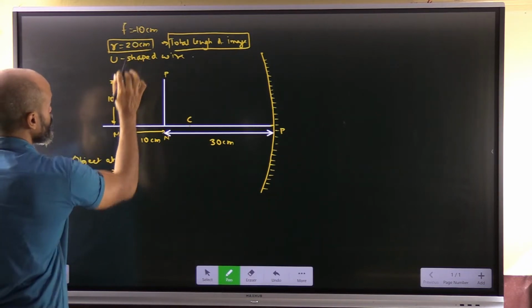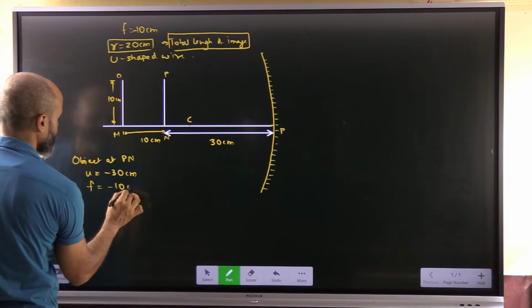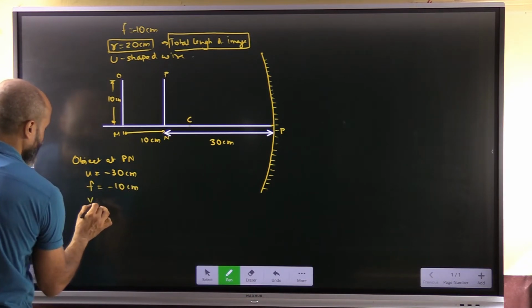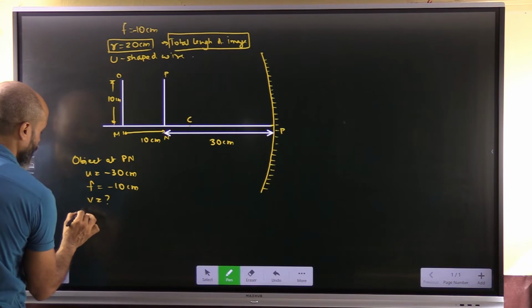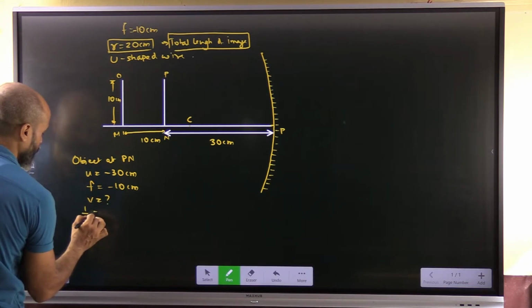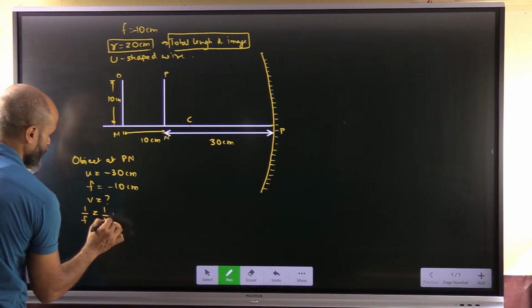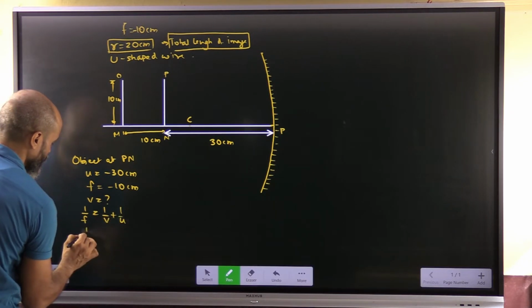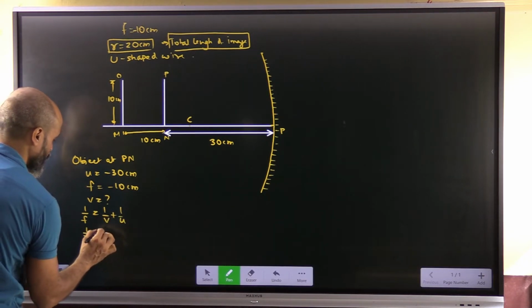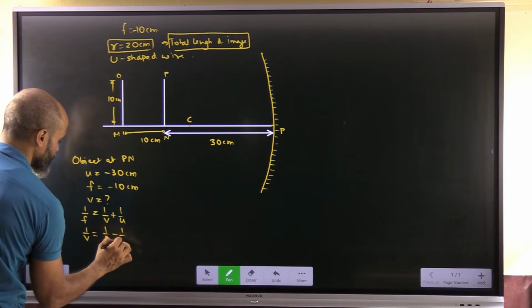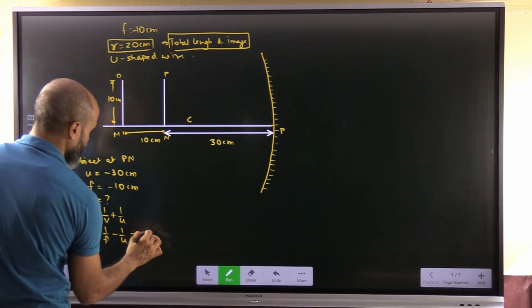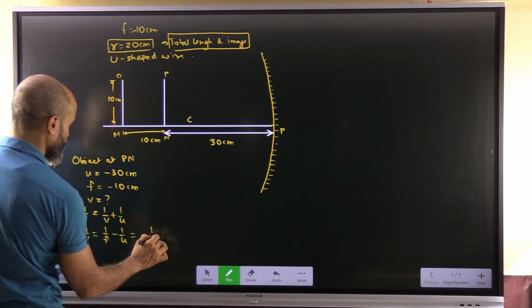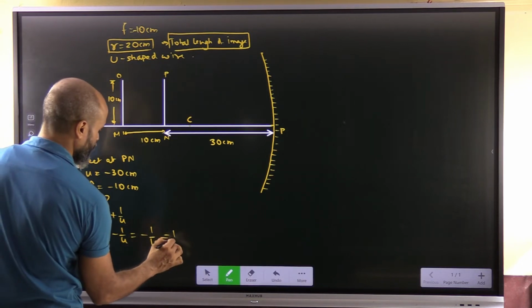f of course will be equal to minus 10 centimeter. So we have to find out the value of v. Now we know by the mirror formula 1 by f is equal to 1 by v plus 1 by u, which means 1 by v is equal to 1 by f minus 1 by u. 1 by f is minus 1 by 10, minus 1 by 30.